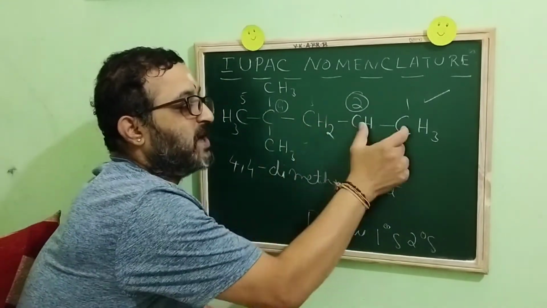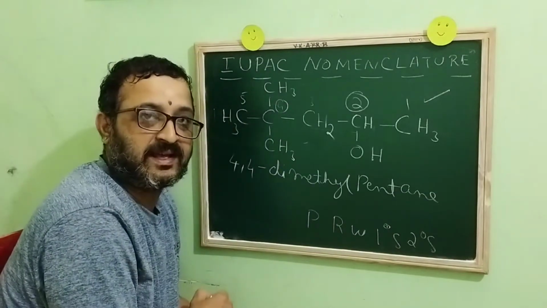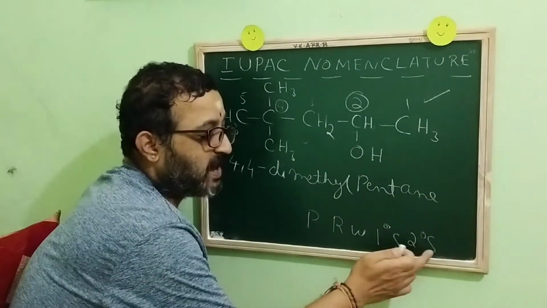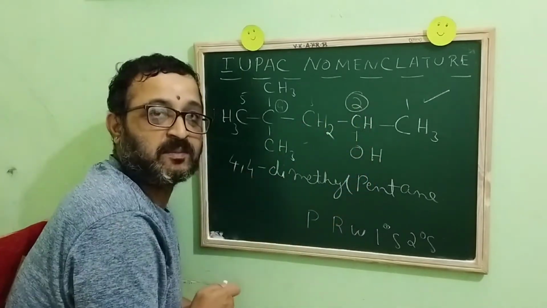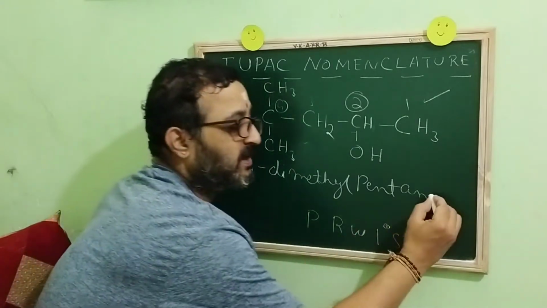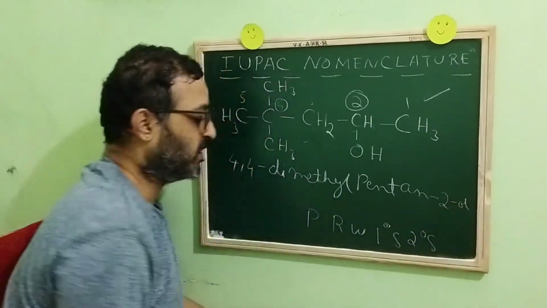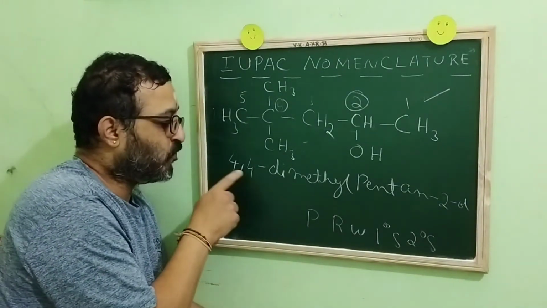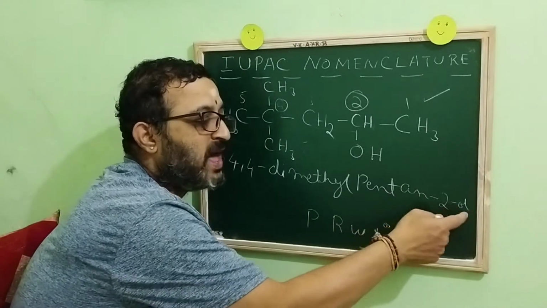Between carbon atoms we have a single bond. That's why ane. But we also have a secondary suffix OH, that is the functional group, attached to which carbon? Second carbon. I will remove the e: 2-ol. So the name of the compound is 4,4-dimethylpentan-2-ol.